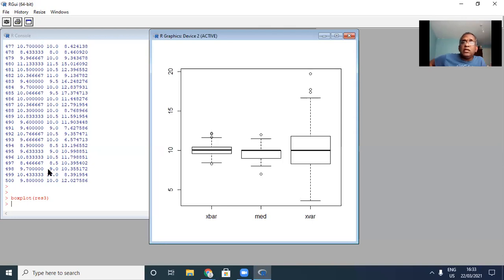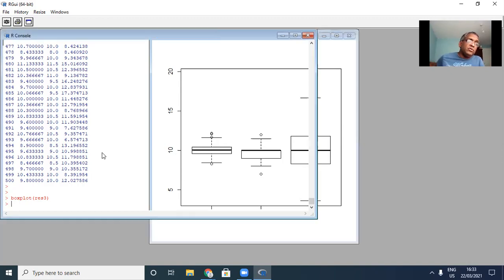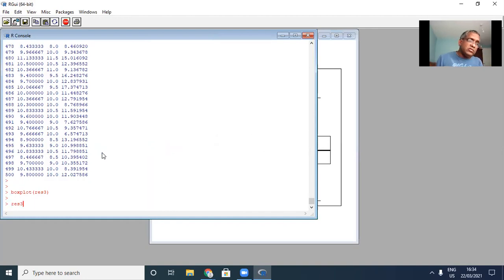Half integer if the number of data is even, and otherwise, if the number of data is odd, then it will be an integer, right? Okay, so this is for n equal to 30.